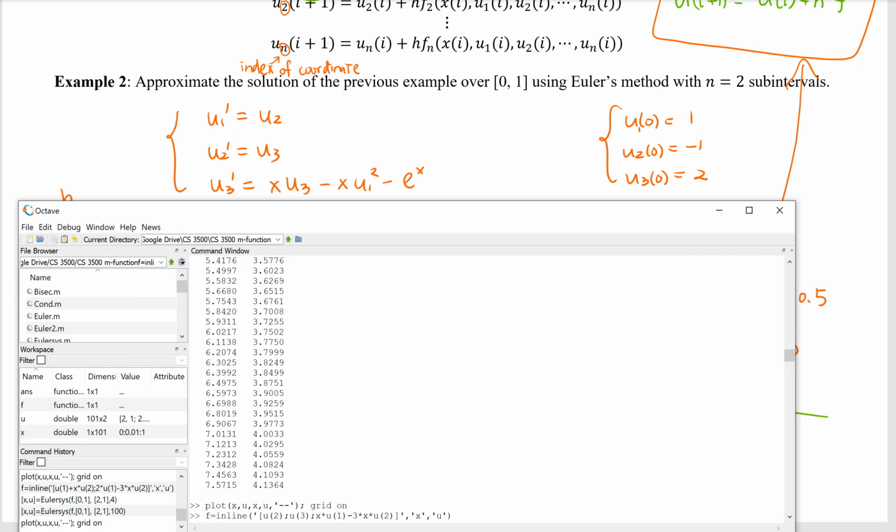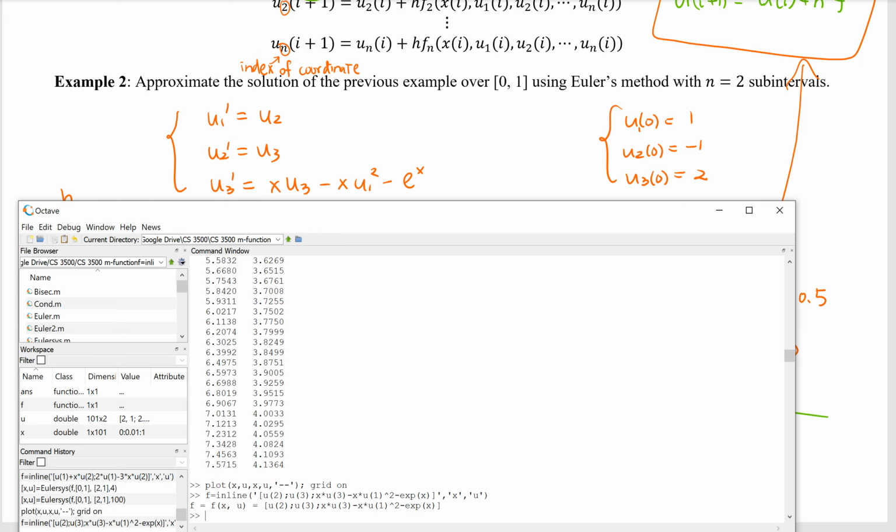And then x times u of 3 minus x times u of 1 squared, and then minus e to the x, exp of x. So that is our function. Let's do Euler system over the interval still 0 to 1, but the initial point now is 1, comma, minus 1, comma, 2. And here we only use 2 subintervals.